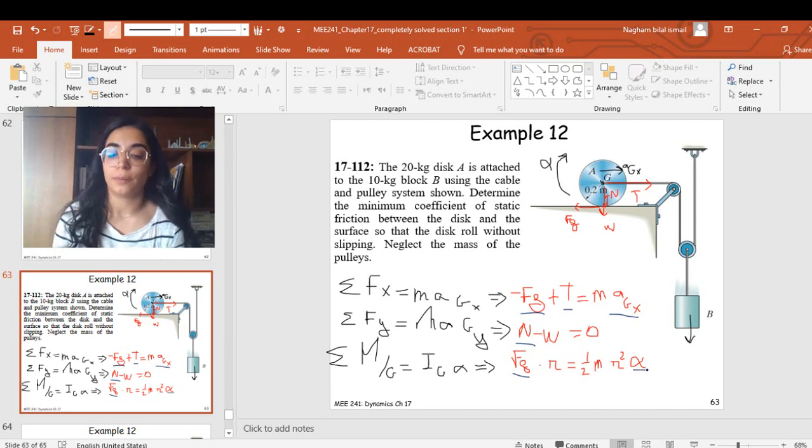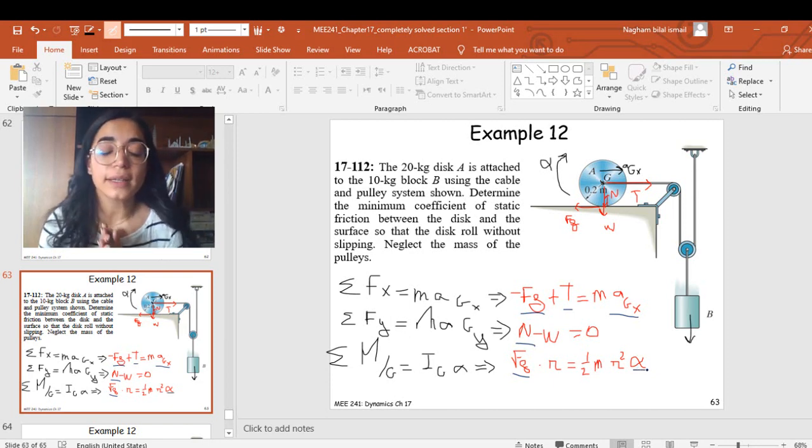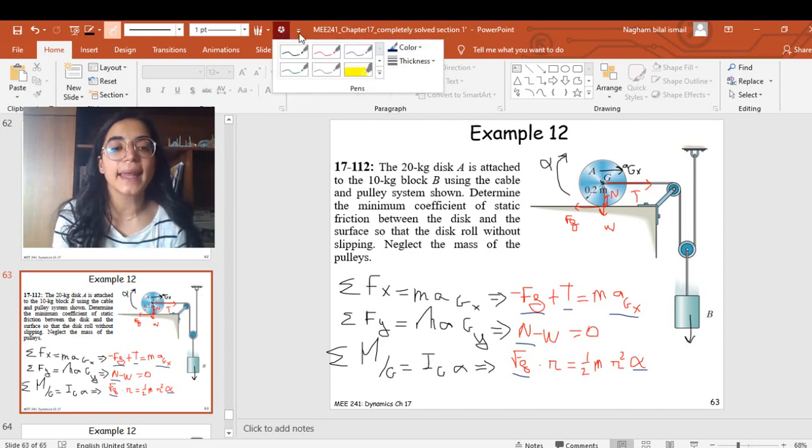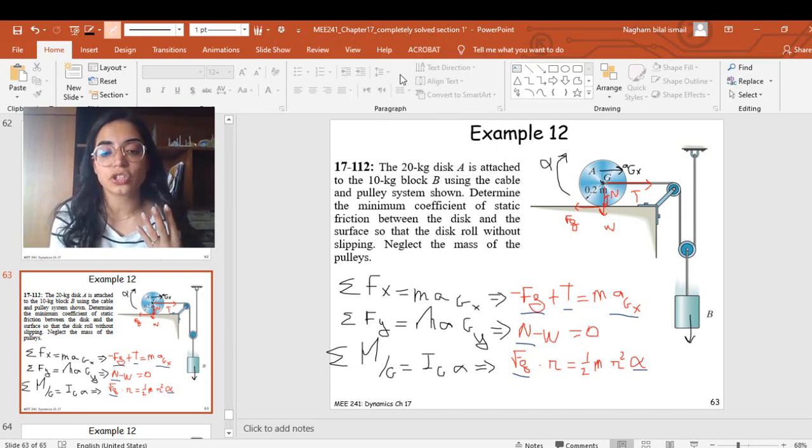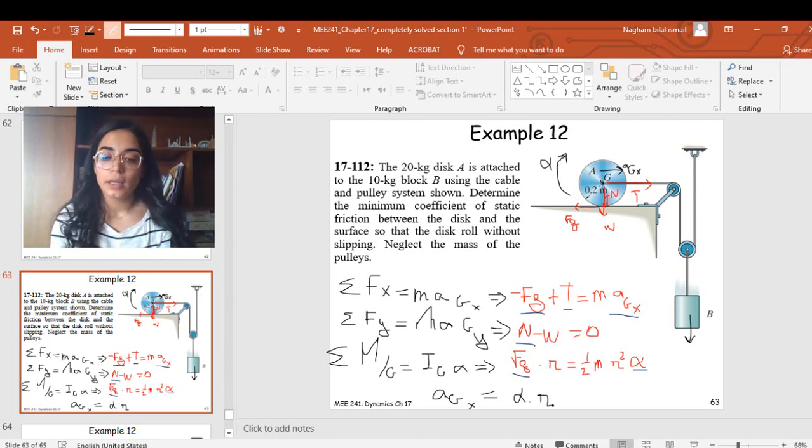And I don't know alpha. And don't forget, guys, since this disk is rolling without slipping, I can add the fourth equation, as we said in the slides, that states that a_Gx is equal to alpha times R only.